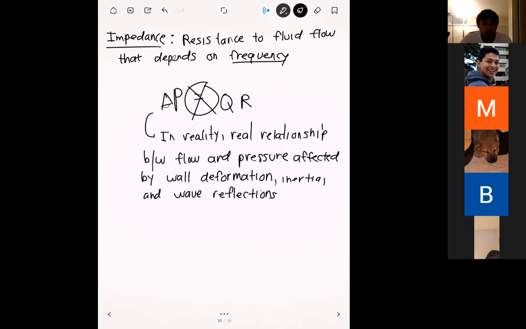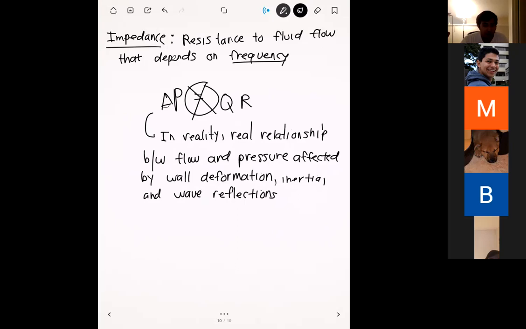So if you want to compute the pressure at a certain location within the cardiovascular system, it not only depends on the flow at that instantaneous time, it also depends on the history of events that led up to that time.